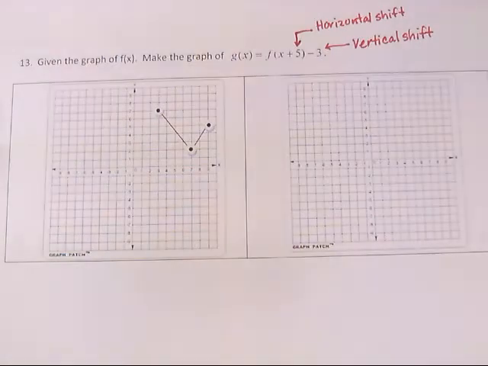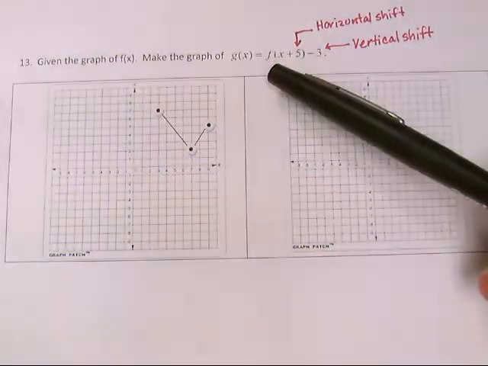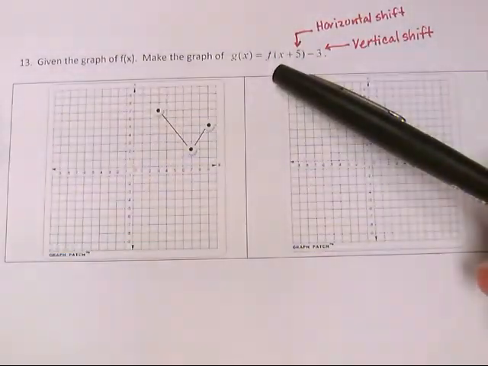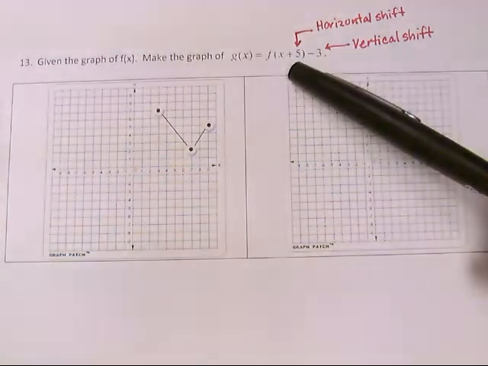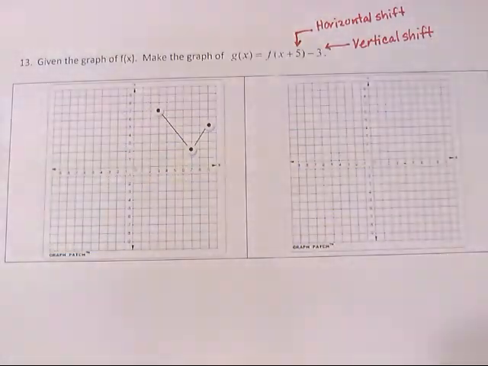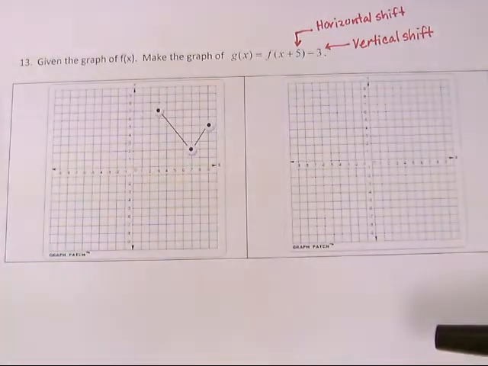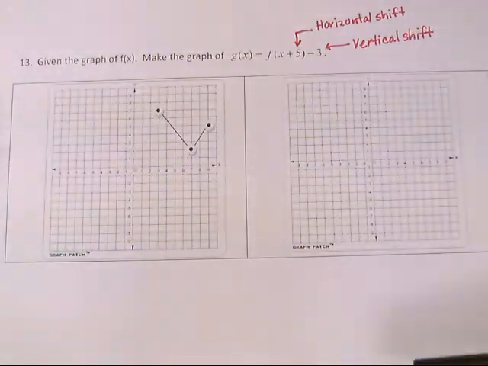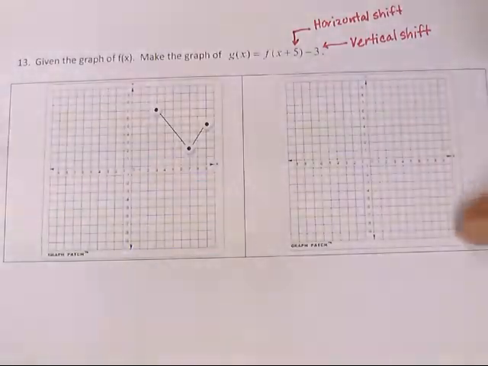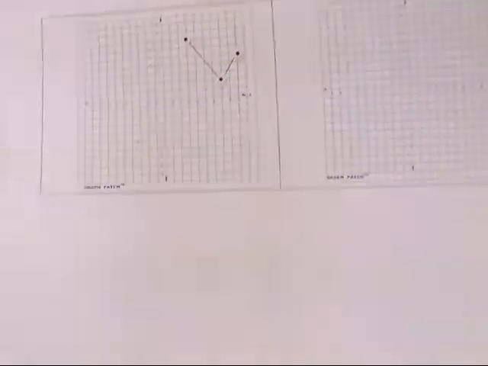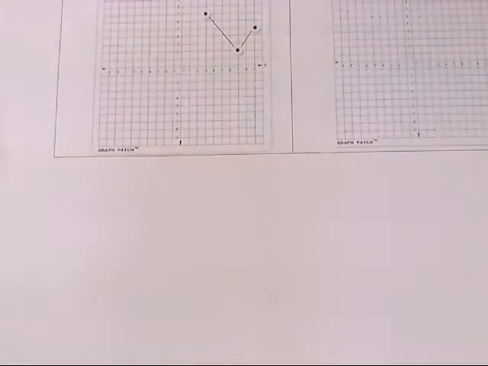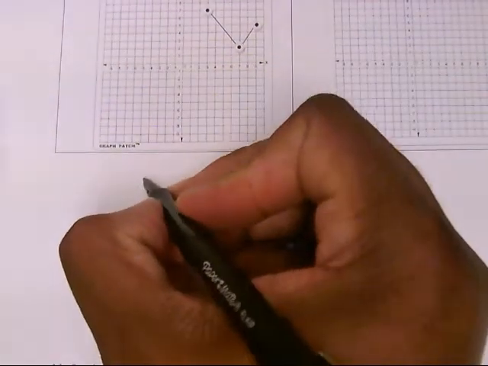So I have two different transformations going on, the vertical shift and the horizontal shift. The first one I do is the horizontal shift, because I'm taking whatever the value of x is, add 5 to it, whatever that is, I'm going to subtract 3 from it. So here I'm going to make my table of values here, my ordered pairs for f of x.